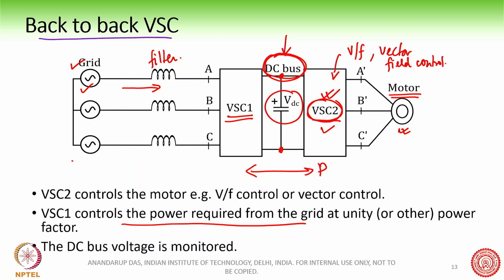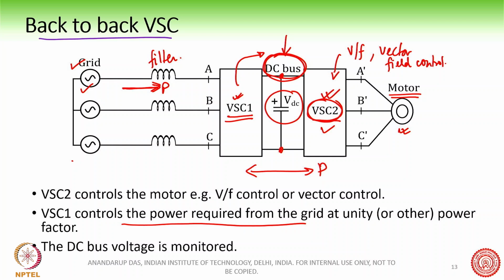So then what does VSC1 do? VSC1 monitors this DC bus, and when it sees that the DC bus voltage is falling from its nominal value, then it can take power from the grid and put it into the DC bus once more.